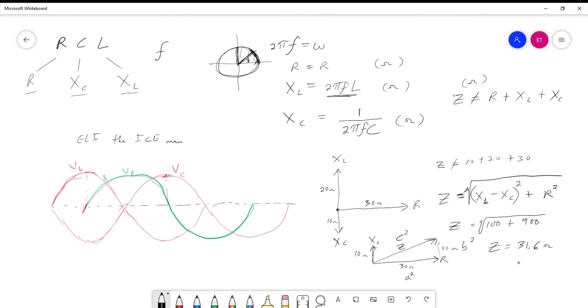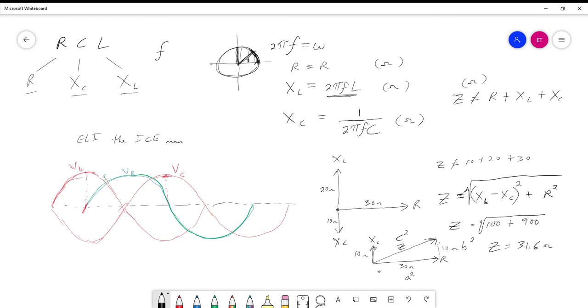I guess it's reasonable. We can double check if I did my math right or not. It looks like the hypotenuse here isn't that much longer than this adjacent side, right? So 30 ohms of resistance, 10 ohms of capacitive reactance, 20 ohms of inductive reactance.